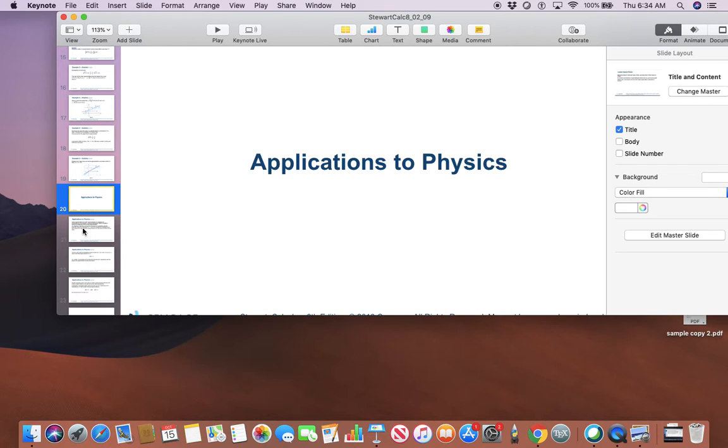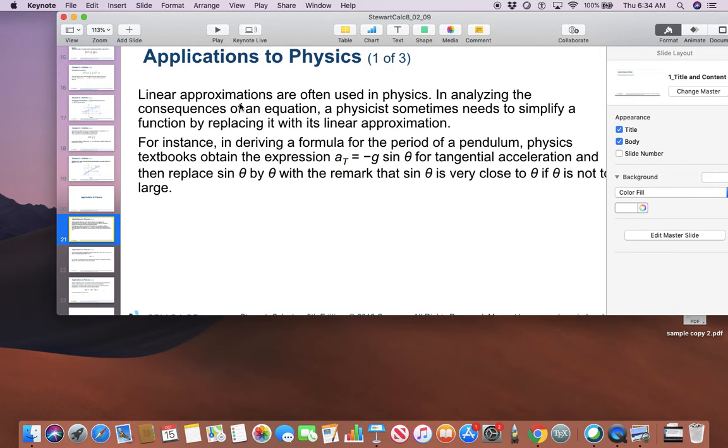Now, here we start applications. Linear approximations are often used in physics. In analyzing the consequences of an equation, a physicist sometimes needs to simplify a function by replacing it with its linear approximation.